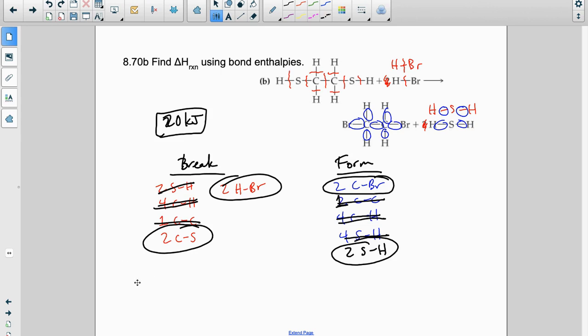So now we can go and plug these into here for delta H. So delta H, I need to do 2 times my HBr, so 2 times 366.